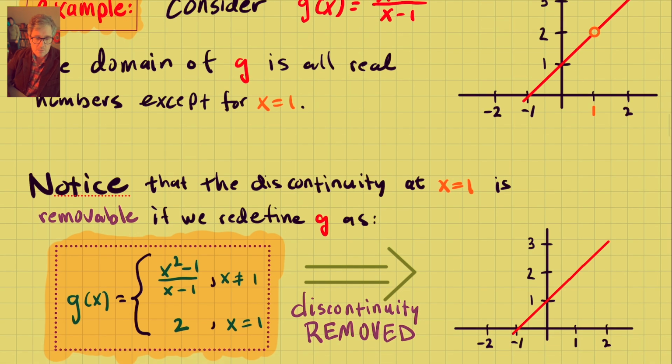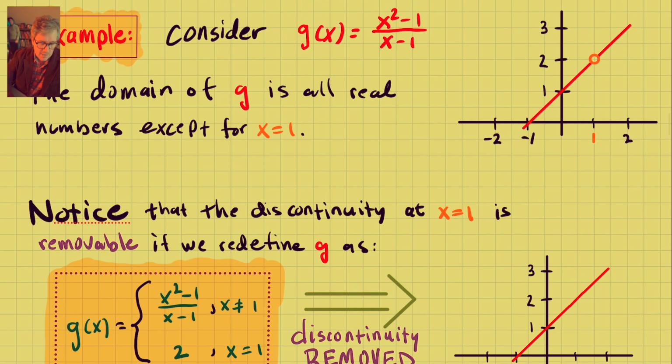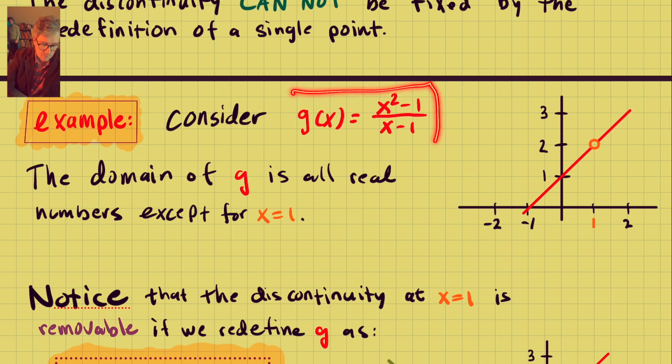But notice that the discontinuity at x equals 1 is removable if we simply redefine g there. So instead of calling g this function, we can create a piecewise function that adjusts the function at the value of x equals 1.